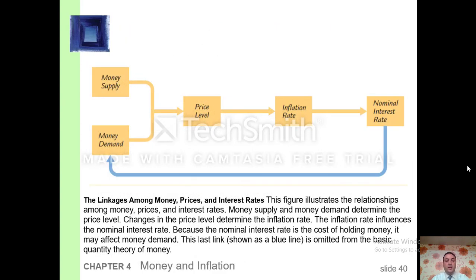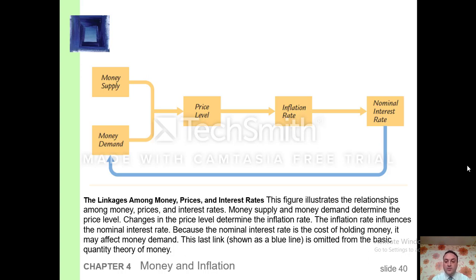So we can see the link between the money supply, which is determined by the central bank, and the money demand. The money supply determines the price level and then the inflation rate, and so the nominal interest rate, which determines the money demand. So this is the linkage among money, prices and the interest rate.